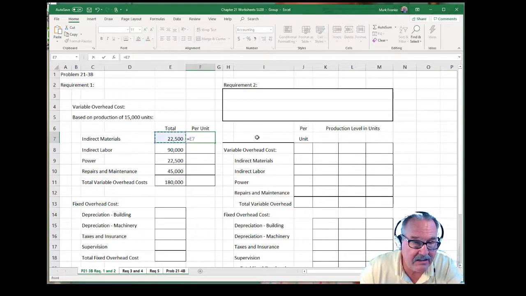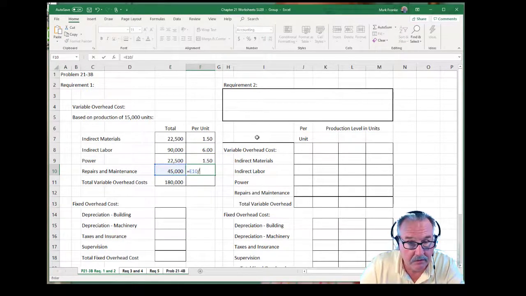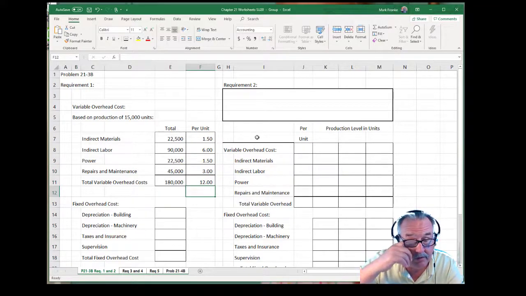So if we divide the dollars by 15,000 units in each one of these categories, we'll get the per unit cost of that particular item. So our variable cost per unit just for overhead, this doesn't include direct materials, this doesn't include direct labor, we're only focused on overhead here.